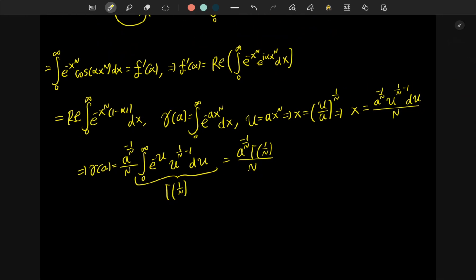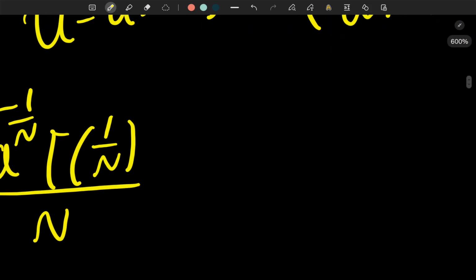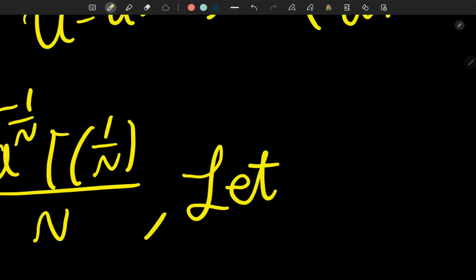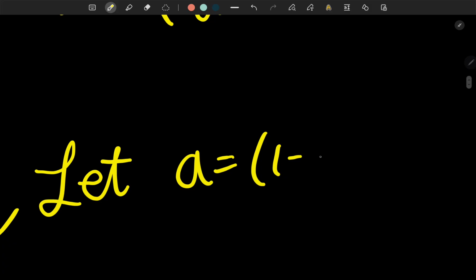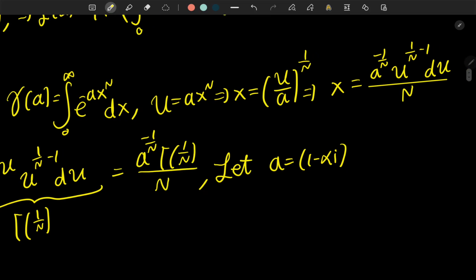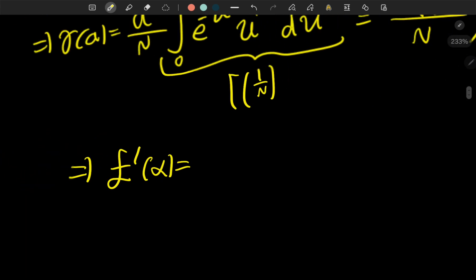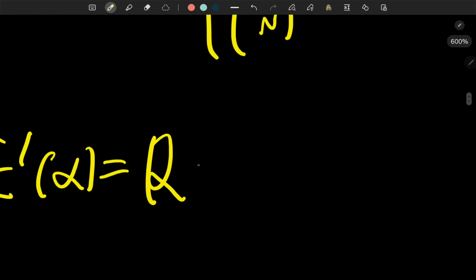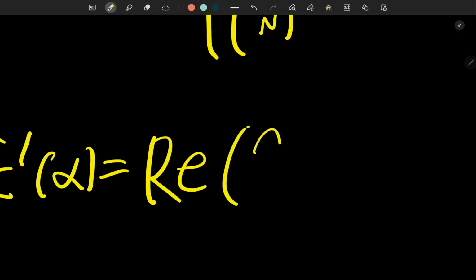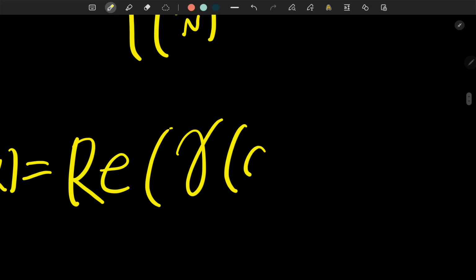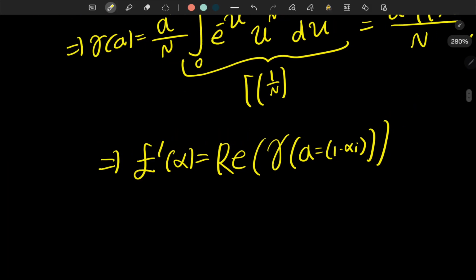All right, nice. So, if we let a equal 1 minus alpha times I, and take the real part, this implies that f prime of alpha equals the real part of little gamma of a, with a equaling 1 minus alpha I. This is correct.